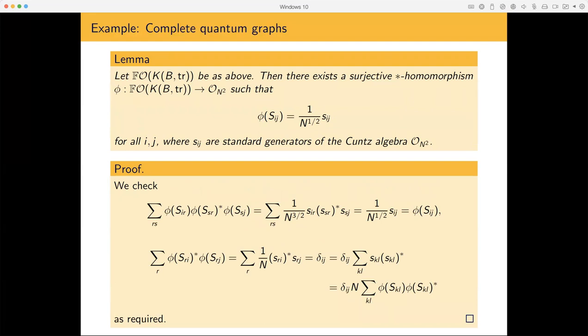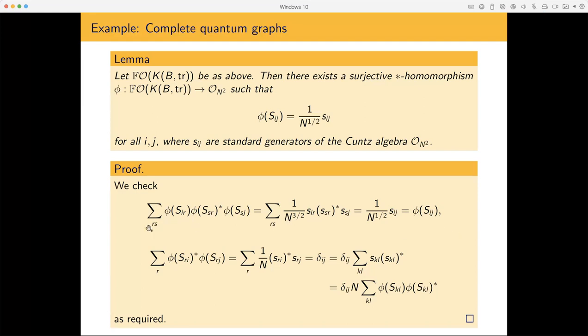So taking n squared generators and basically mapping the standard generators to the standard generators, but again, one has to adjust by multiplying with a certain factor, which we shouldn't worry too much about. And it's easy to check that this satisfies the defining relations. So we have written out the computation here.